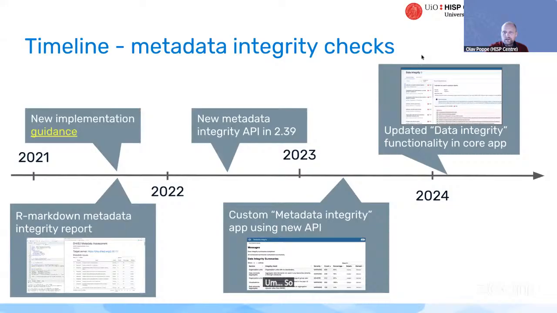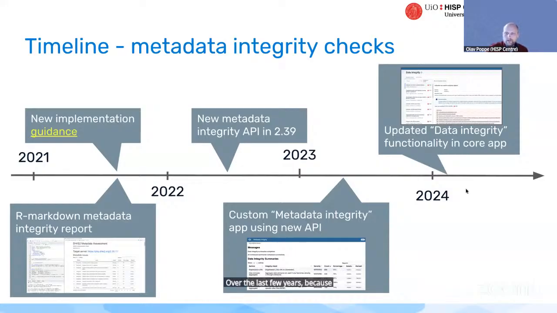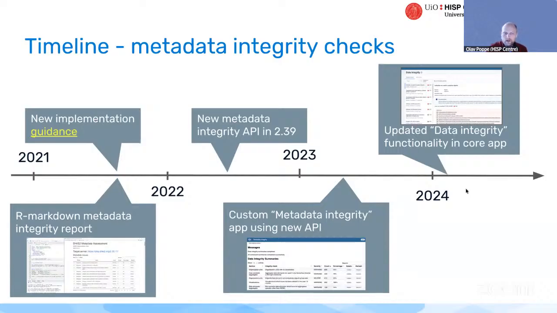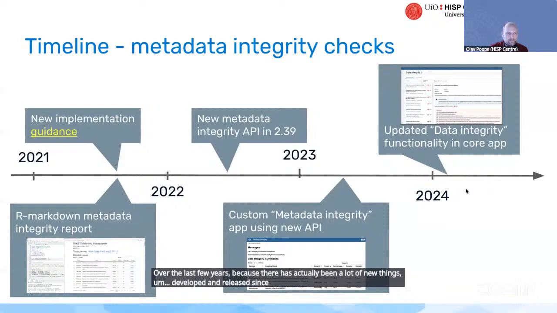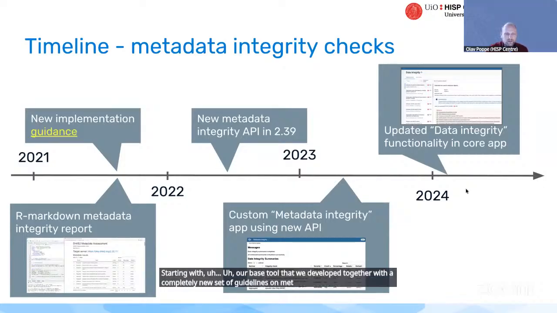So just starting here with a bit of a timeline as a background to this topic, or what's been happening with DHIS2 and metadata integrity over the last few years, because there has actually been a lot of new things developed and released since 2021, roughly, starting with the R-based tool that we developed together with a completely new set of guidelines on metadata integrity, metadata assessments back in 2021.